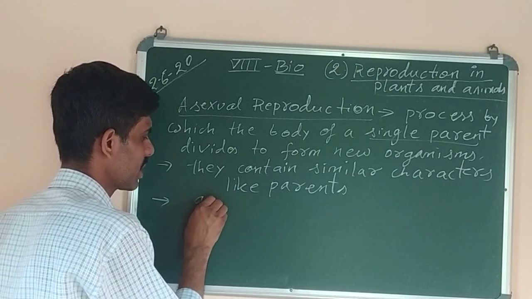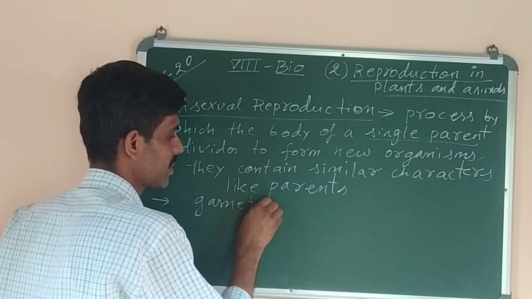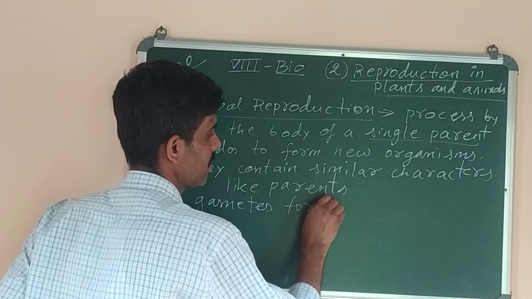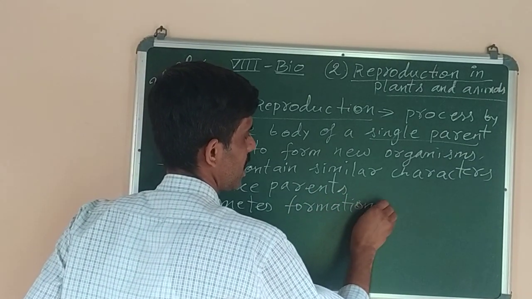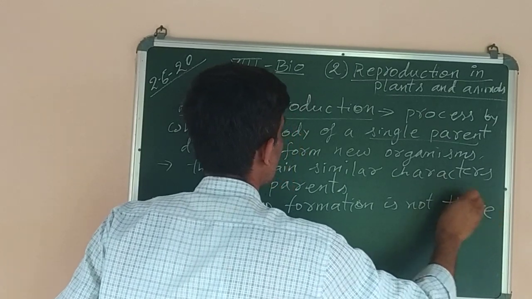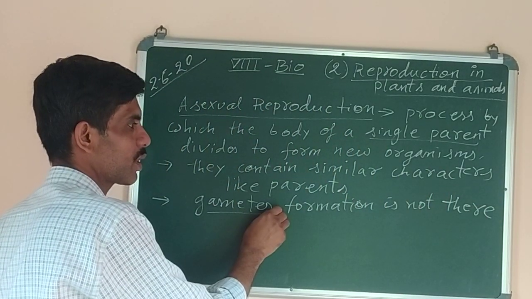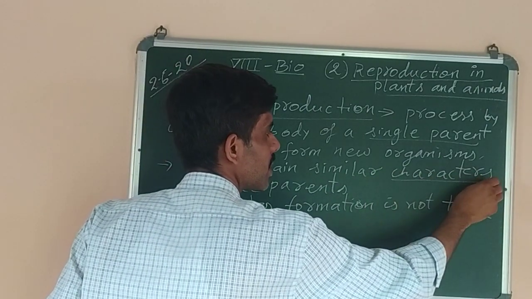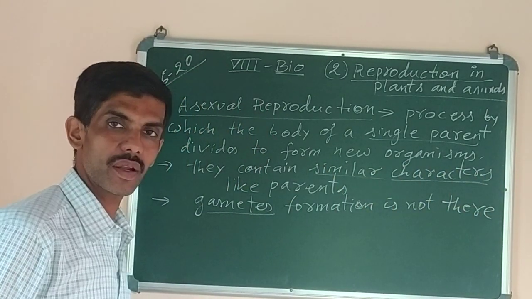Gametes means the reproductive cells. During asexual reproduction, there is no gamete formation. Gametes are not required, and the new organisms have similar characters like their parents.